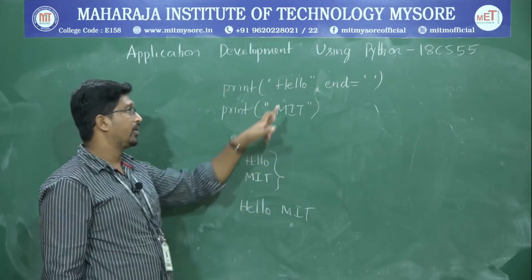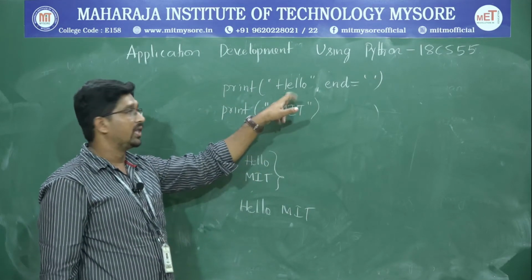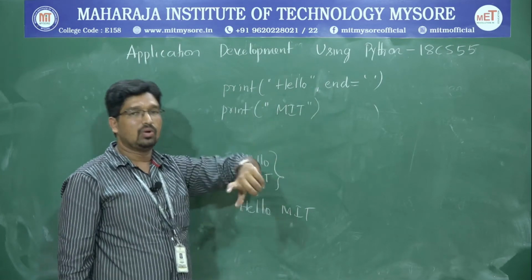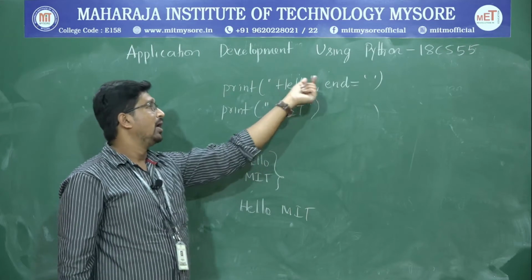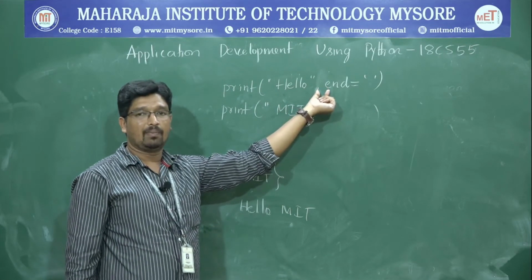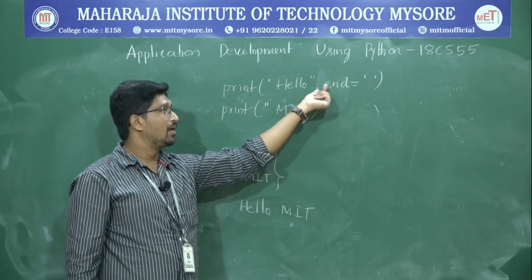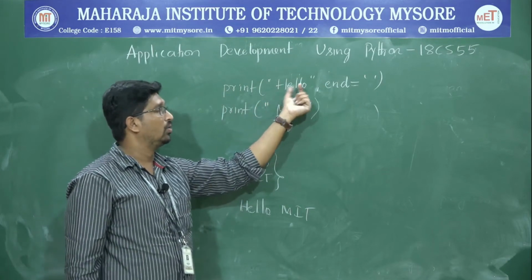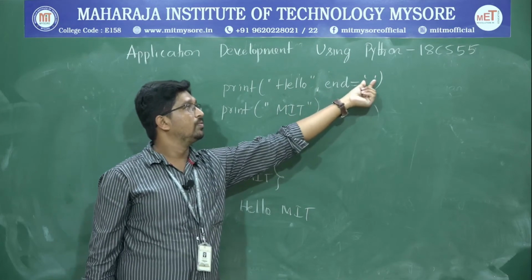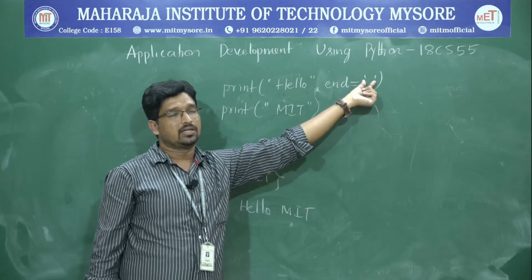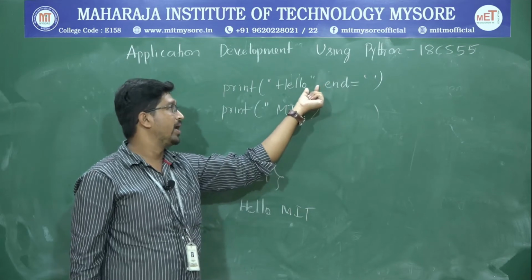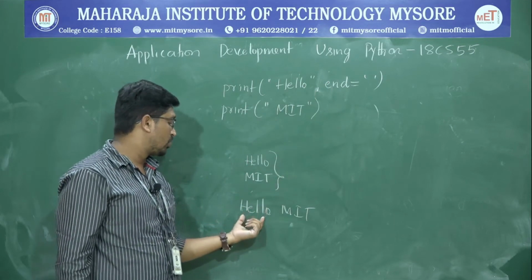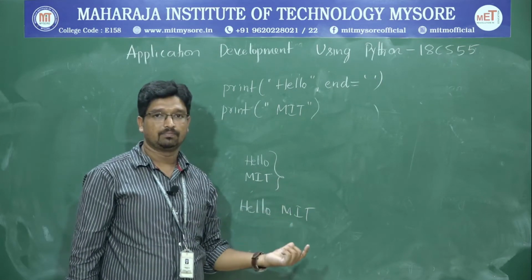Means you are telling the interpreter to print hello, then leave some space, don't go to the next line, stay on the same line. So whenever you execute this statement, you will get hello, end is equal to a space, it gives one space, followed by the next statement MIT. So you will get output as hello MIT.